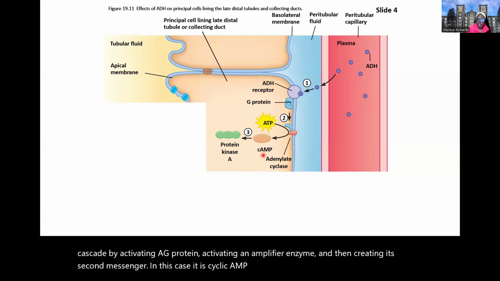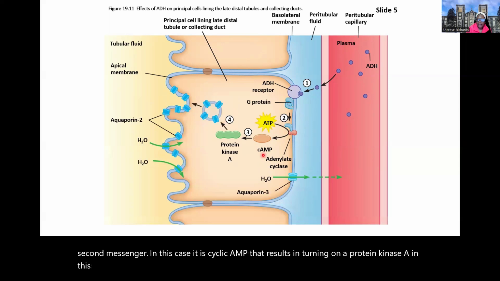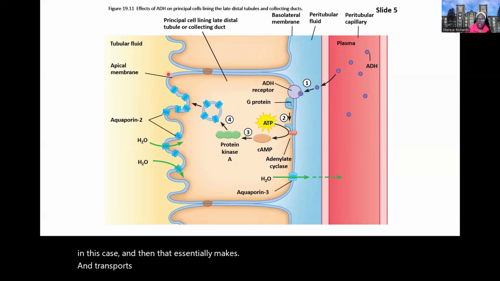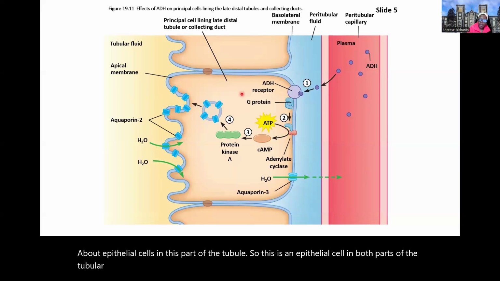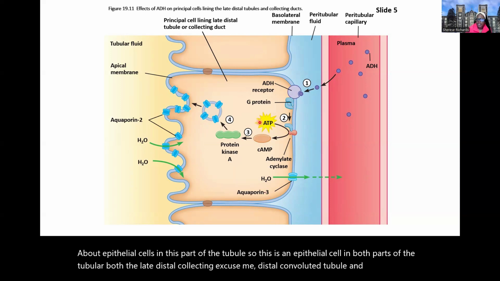That results in turning on a protein kinase A, and then that essentially makes and transports aquaporin 2 channels into the apical surface of our epithelial cells in this part of the tubule. So this is an epithelial cell in both parts of the tubule, both the late distal, or excuse me, distal convoluted tubule and the larger collecting duct.